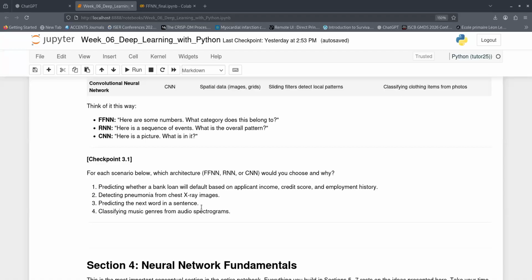No, I'm not talking about RNN in this one. I'm talking about the first one I mentioned, that I said is feed forward. I said it should be RNN because it is a series of events. But this particular one, predicting whether a bank loan will default based on applicant income, a credit score and employment history, it is not a series of events.